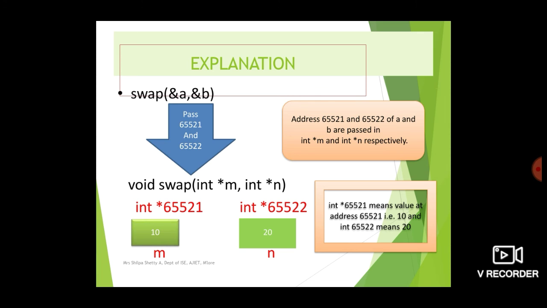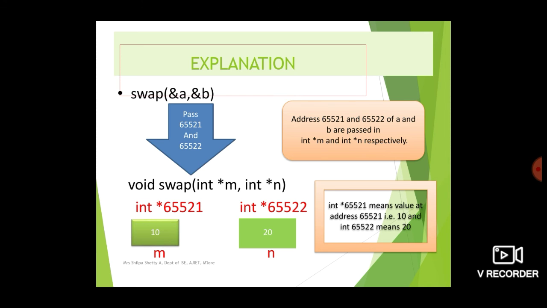So m is a new variable whose address is now 65521. Similarly, n is another variable. The value of n is 65522, but it is pointing to both A and B. So m becomes 10 now, n becomes 20.